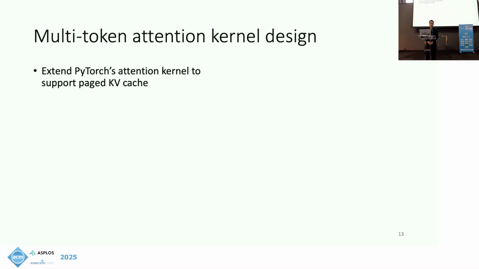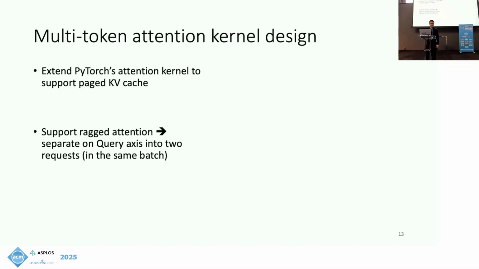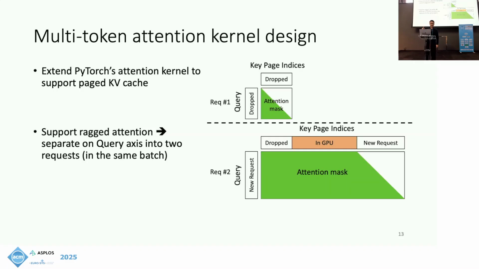We extended PyTorch's attention kernel to support the paged KV cache. And for the ragged attention, we separate this matrix multiplication into two smaller matrix multiplications. Then each of them has a more regular mask, and they can be supported by the PyTorch kernel. By the way, although we separate them and treat them as two different requests, as shown here, we still process them in the same kernel launch.